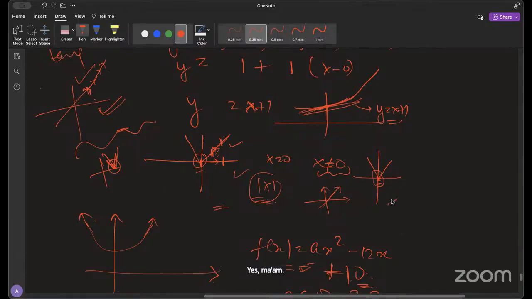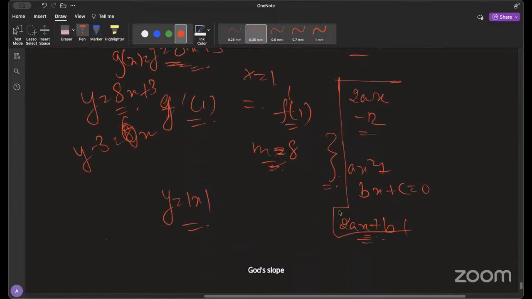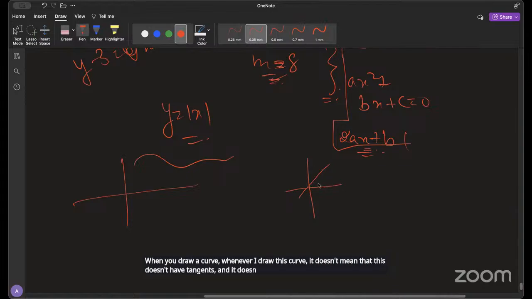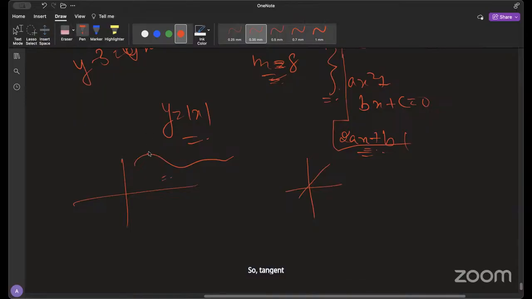Okay, ma'am, tangents basically just give you direction. That's all. The x is itself a slope. Slope and tangent are two different things. Let's just get into that too. Whenever I draw this curve, it doesn't mean that this doesn't have tangents and it's not differentiable. I do it because it's easier to explain tangents on this one. So tangent means this line is tangent, right? And slope is, let's just say you have this curve.